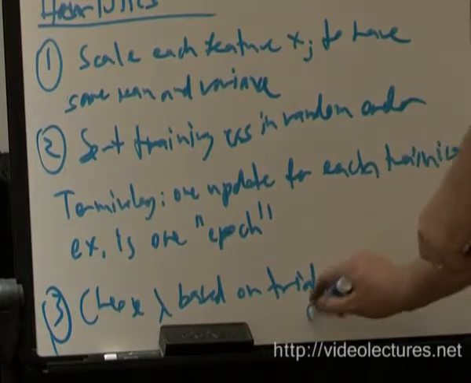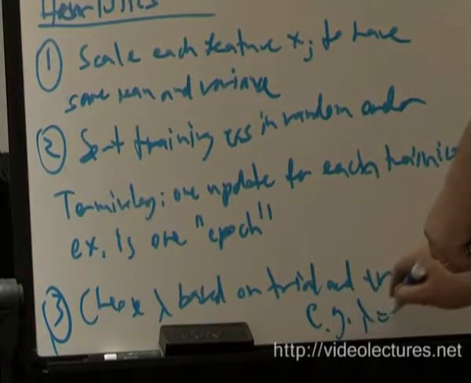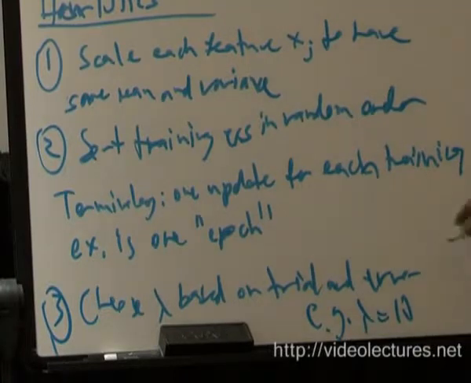So, e.g., you might try lambda equals 10 to the minus a for a equals 6 to 0. And one of those lambdas is likely to work pretty well.